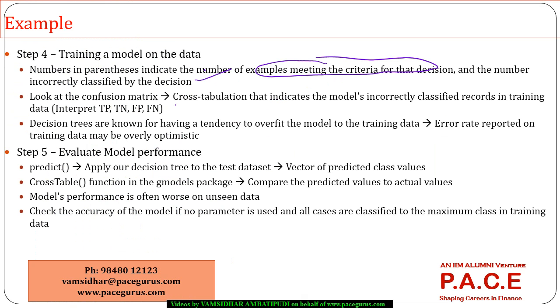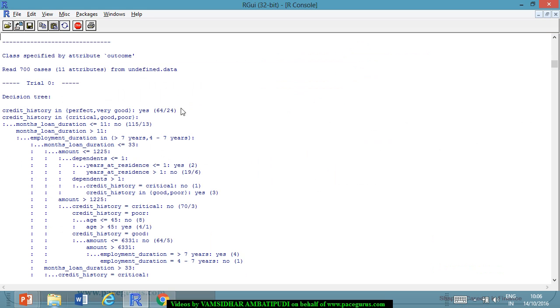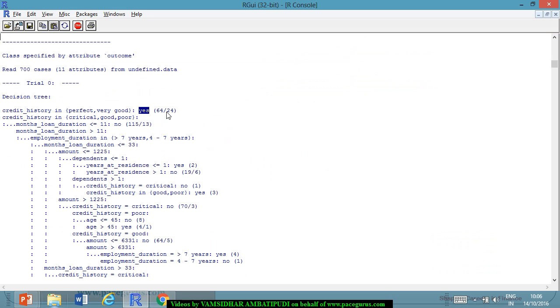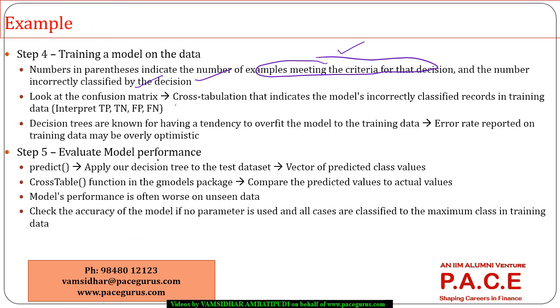The number in the parenthesis indicates the number of examples meeting the criteria for the decision. So there are 64 who are meeting the criteria for this S, and 24 of them are wrongly classified, 64 of them are correctly classified. So this is how we have to interpret this report.